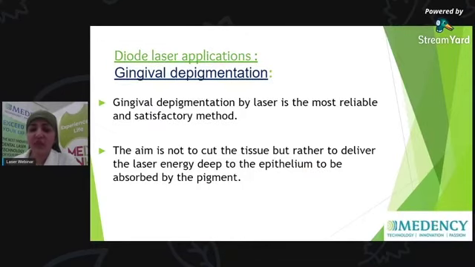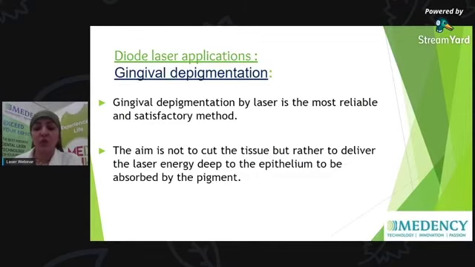Okay, the gingival depigmentation, it is the best and most reliable and satisfactory method for diode laser. As we know, the gingiva is full of pigments. So the diode laser loves pigments and can work perfectly with pigments and blood. Can you imagine if you are doing gingival depigmentation with the normal and conventional technique?